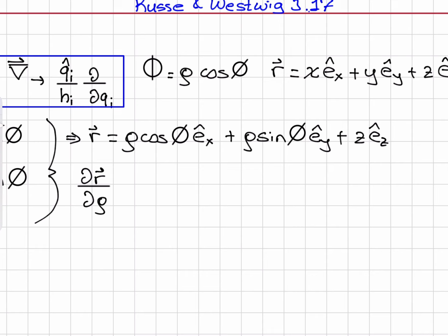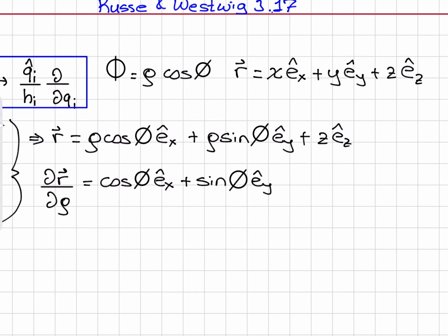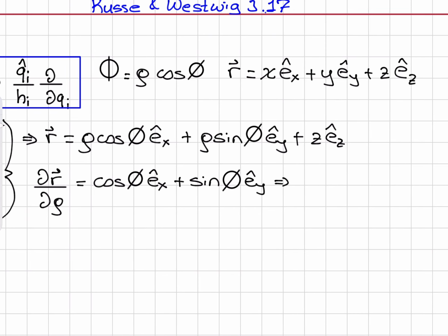So we start with rho, del r del rho. You can see here this derivative will be cosine phi, this will be sine phi, and no contribution from the z part. So we will have cosine phi ex hat plus sine phi ey hat, and if I take the magnitude of this, it will give me the scale factor h sub rho.